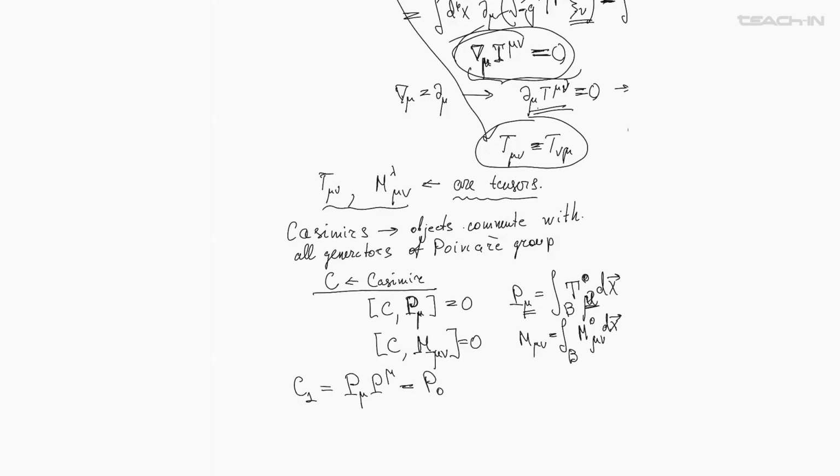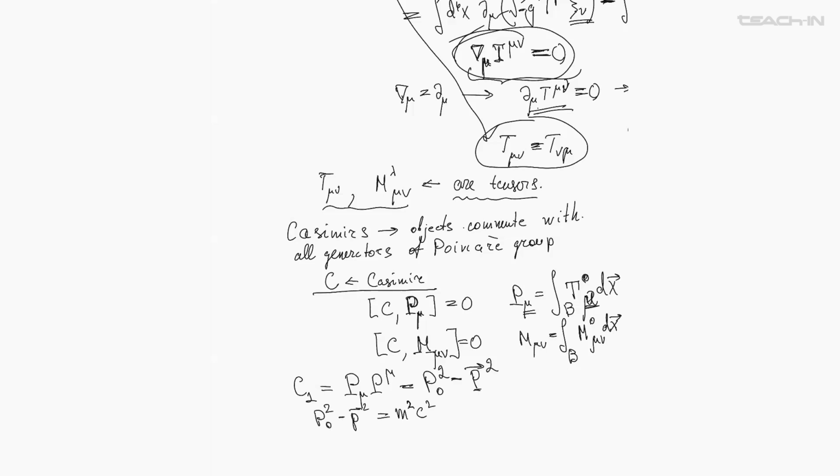In massive irreducible representations of the Poincaré group, the Casimir C1, which is just the square of p, takes the values m squared c squared. So p0 squared minus p squared is m squared c squared.